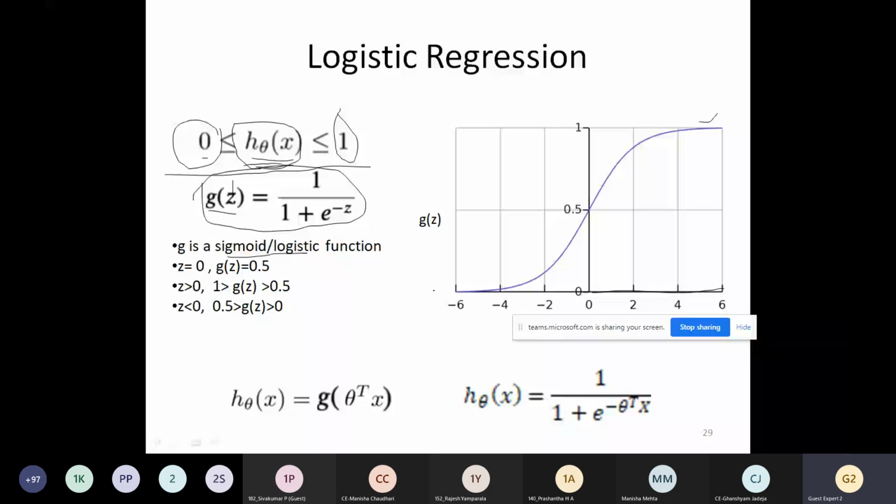So that is why our hypothesis function for logistic regression will be g of theta transpose x, meaning I am passing this theta transpose x function into g. So now my hypothesis will be 1 upon 1 plus e raised to minus theta transpose x. This is the hypothesis for logistic regression.